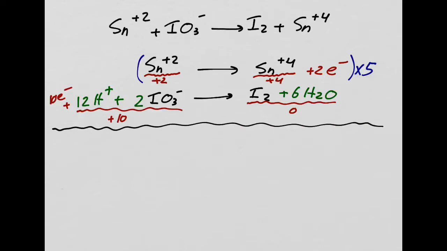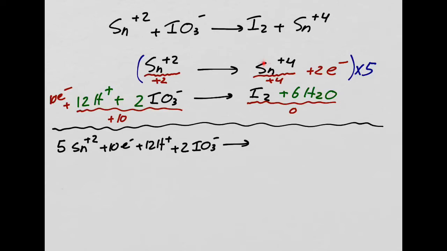Now the last part is we have to combine all of these back together, all the reactants, and combine all the products together. But when you do that, don't forget to multiply this out. So what do we get? We get 5 Sn plus 2, and I'm going to come down here, 10 electrons. Adding all the reactants together, 12 H plus, and then 2 iodate.